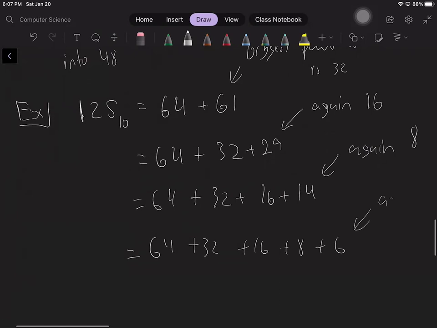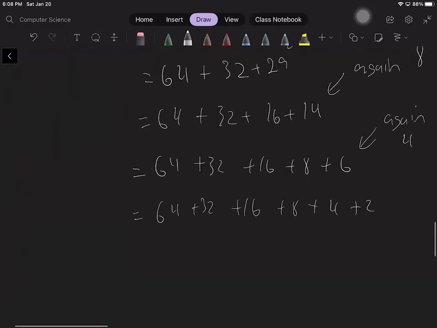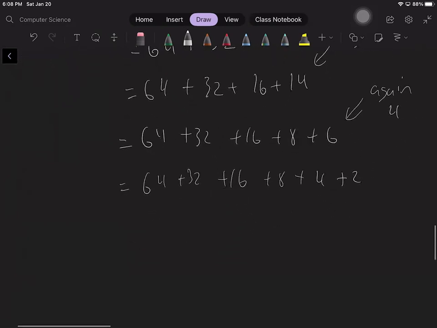Then 4 goes into 6, and there's 2 left over. And 2 is already a power of 2, so that's the end of it. So now in binary, you have a 64, a 32, a 16, an 8, a 4, a 2, but no 1. So this is your 2 to the something.